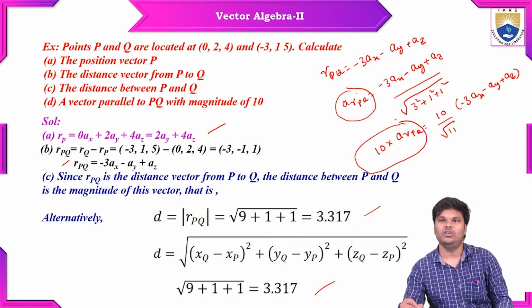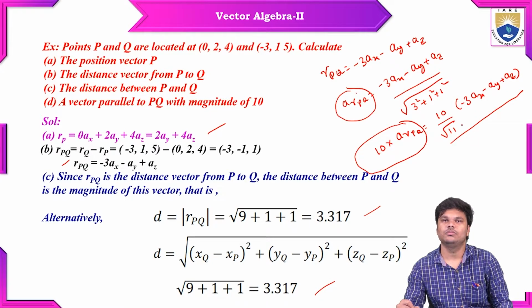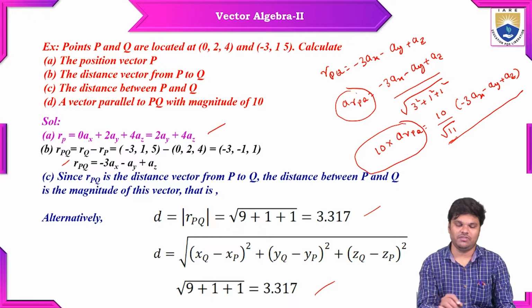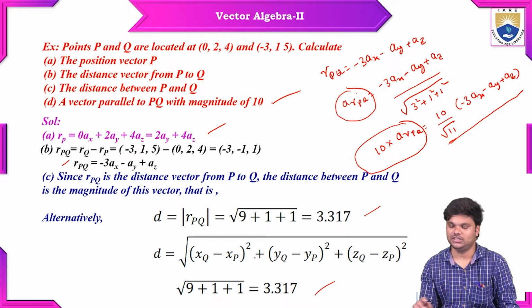This vector has magnitude 10 and is parallel to RPQ. So this is the answer for question D.